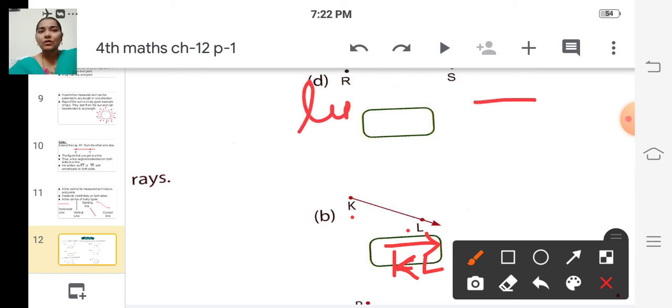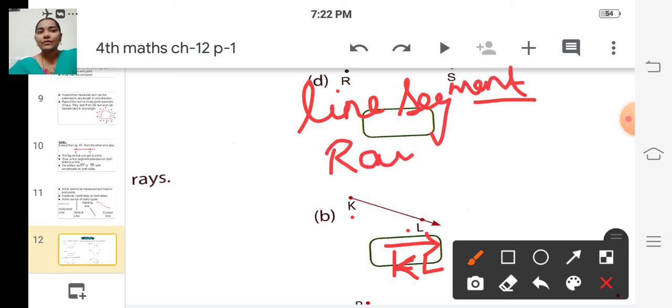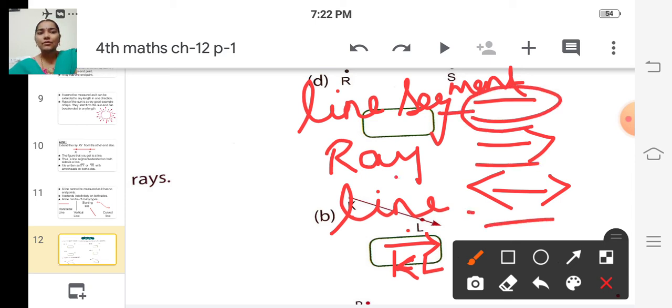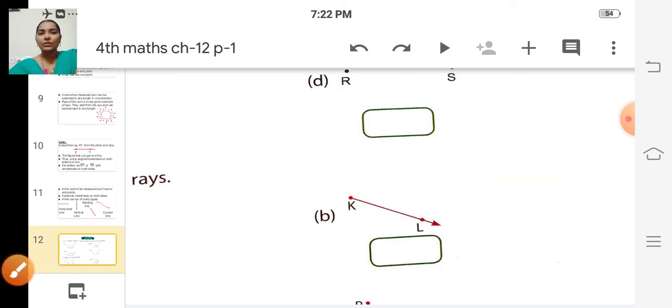And for a ray, we put one arrow mark. And for a line, we put arrowheads on both sides. This is for a line segment, this is for a ray and this is for a line.